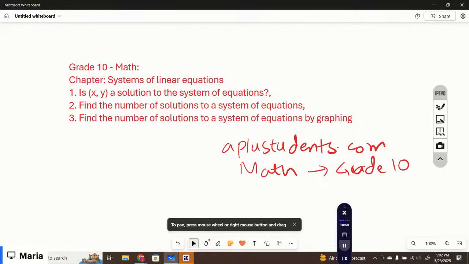We're going to start with the chapter system of linear equations. The lessons we're going to cover today are: is x y a solution to the system of equations?